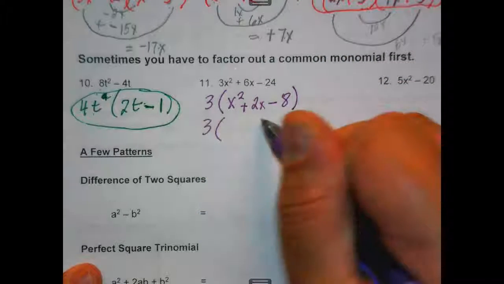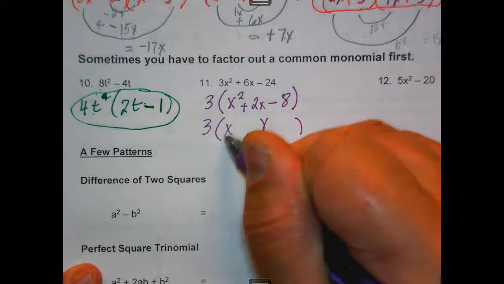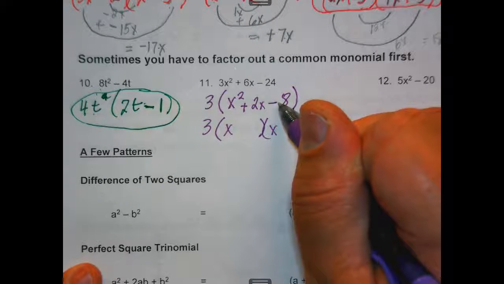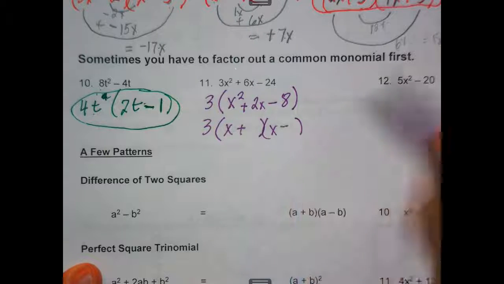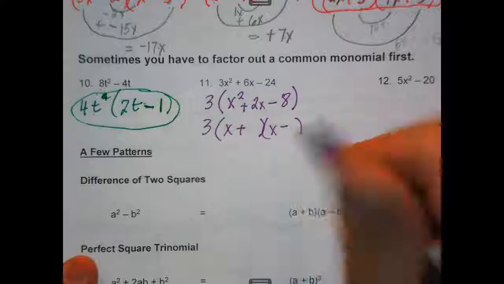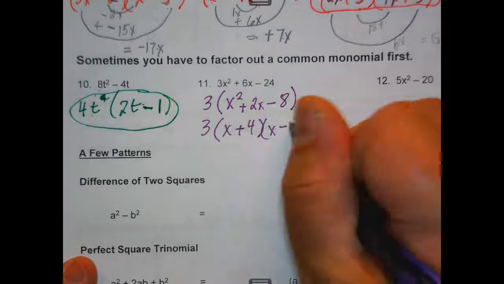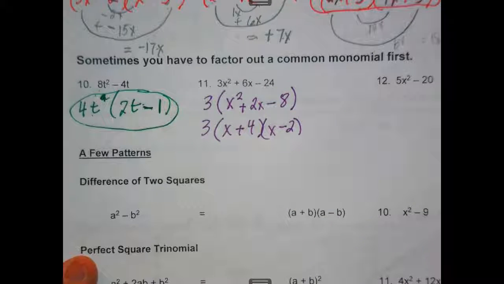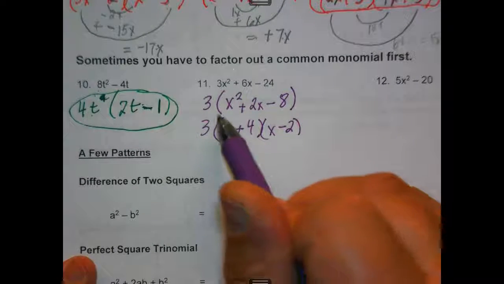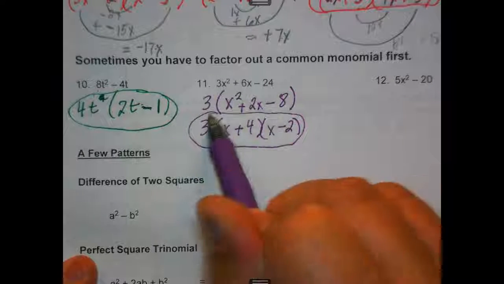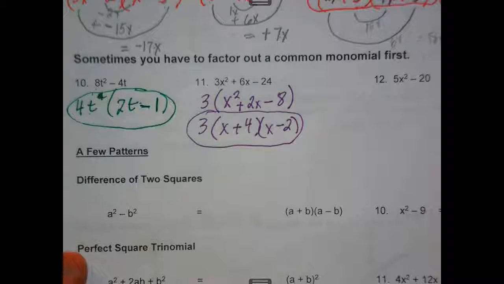I got 3 times x squared. This is a minus, so 1's plus, 1's minus. How about 4 and 2? Got it?